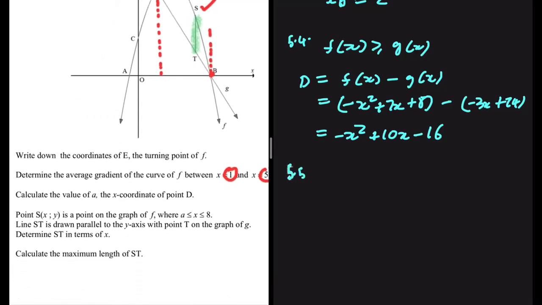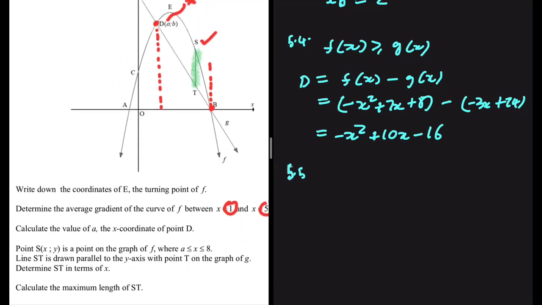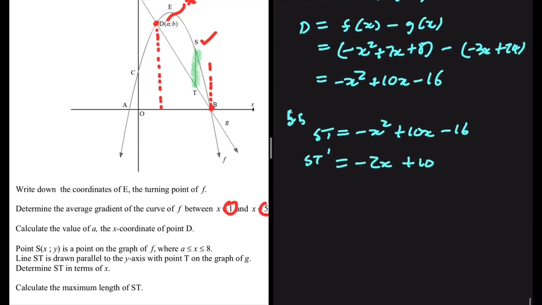In 5.4, we're supposed to calculate the maximum length of ST. Well, ST is equals to minus x squared plus 10x minus 16. Let's differentiate. So S prime of x, we're going to have minus 2x plus 10. We're supposed to equate this to 0.